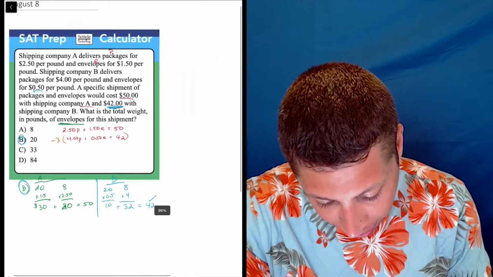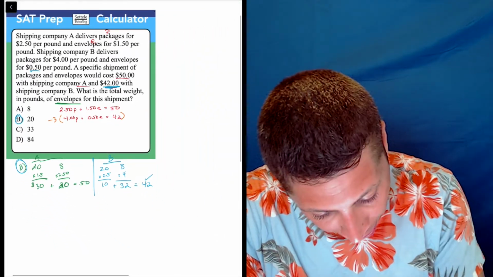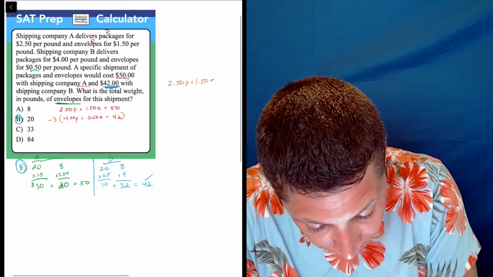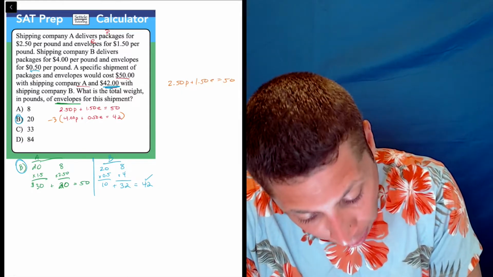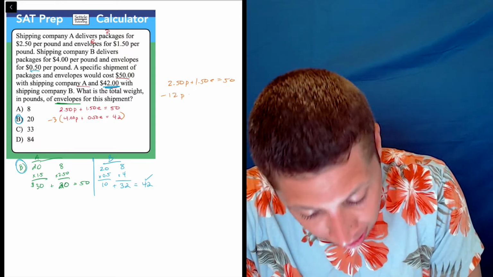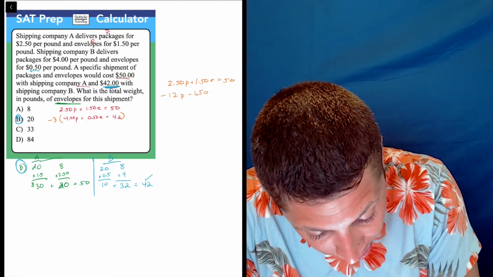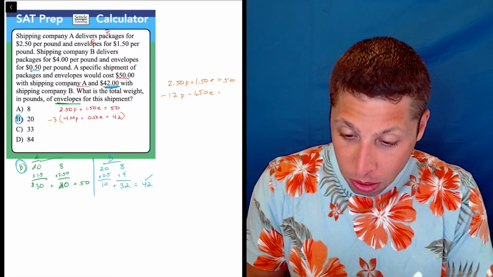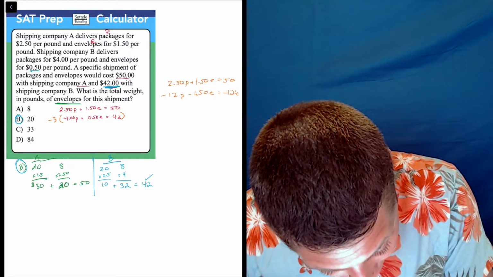So if I do that, let's go off to the side. We're going to have the same top equation, 250p plus 150e is equal to 50, but now I have -12p minus 1.50e is equal to 42 times 3, which is -126.